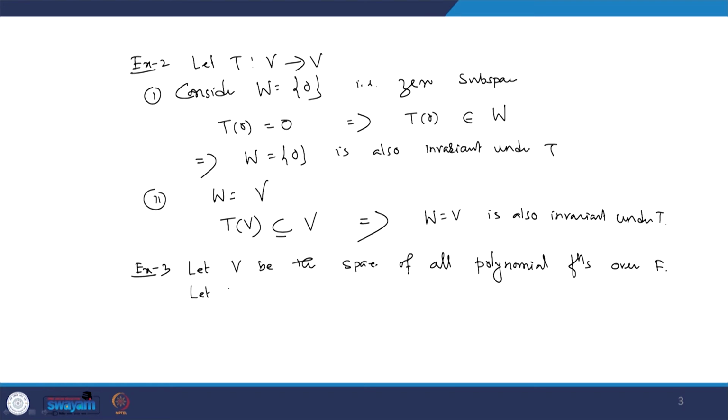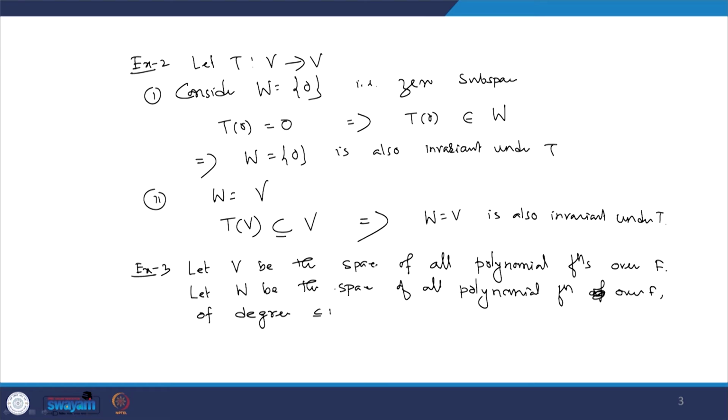Let W be the space of all polynomial functions over F of degree less than or equal to n. So, this implies that W is a proper subset of V.